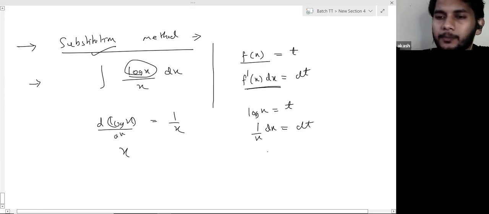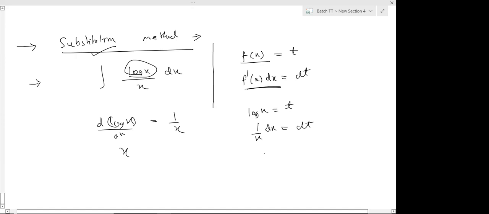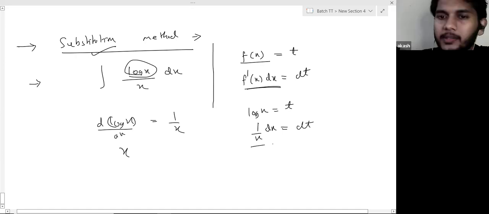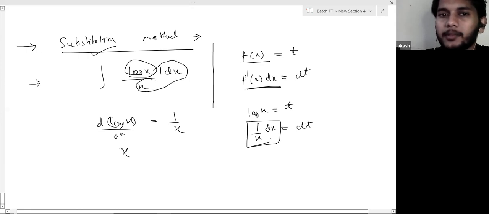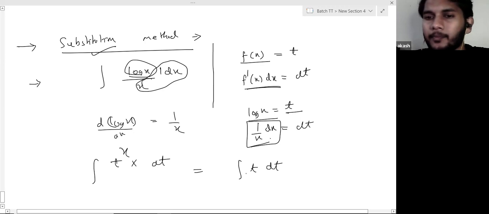Yes or no? Yes, sir. So if this is f dash x, we can see 1 upon x dx is multiplied. So this is the way to use substitution. Let's put log x as t. So we have log x as t into dx upon x, which we can write as dt. So the question is changed into t dt. This step is clear, everyone? Yes.